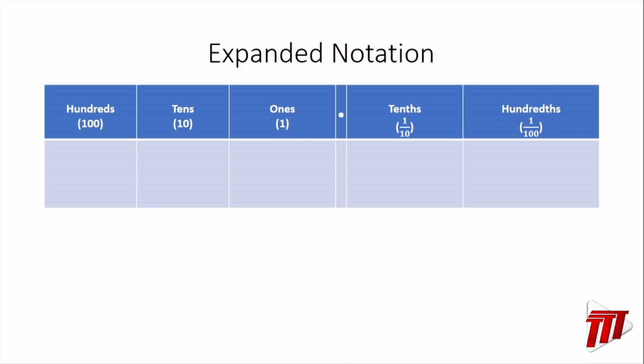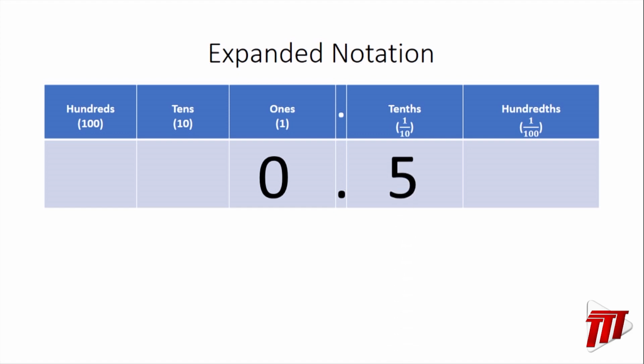Before we actually express 56 hundredths using expanded notation, let us determine the value of each of the digits that we can find in the numeral for 56 hundredths. It is less than 1 whole, so in the whole part of our place value chart, we are going to have 0. Our decimal point separates the wholes from the fractions.